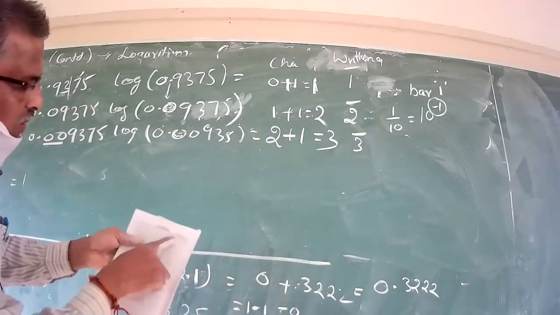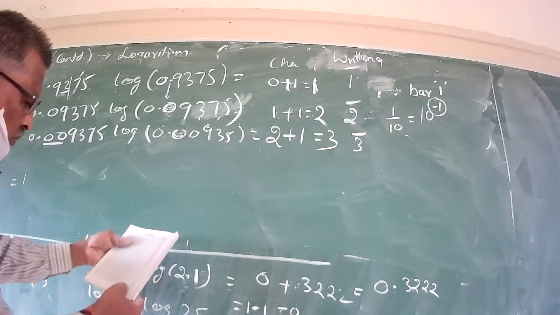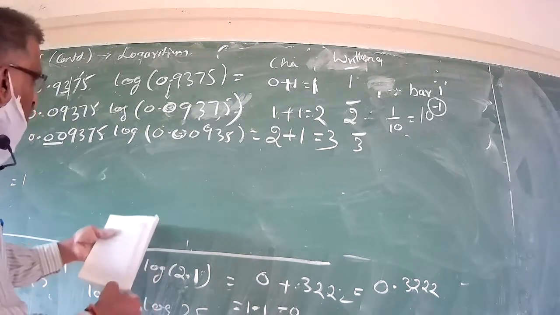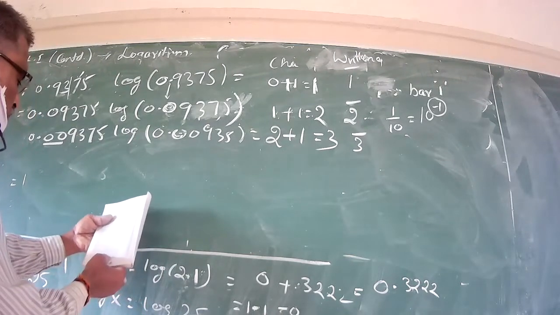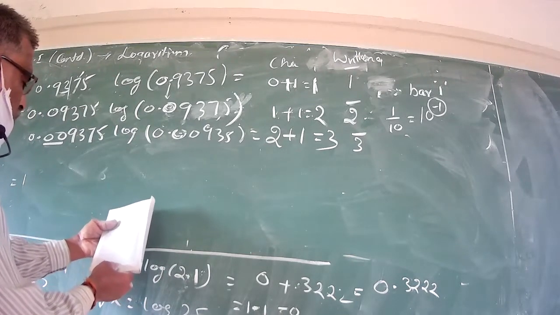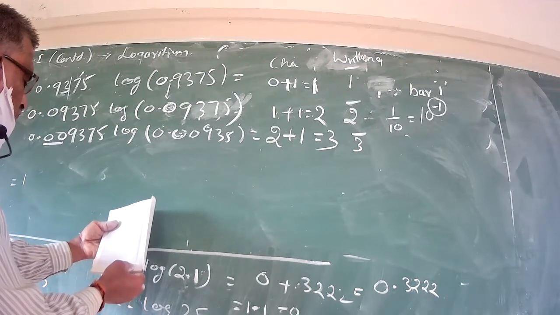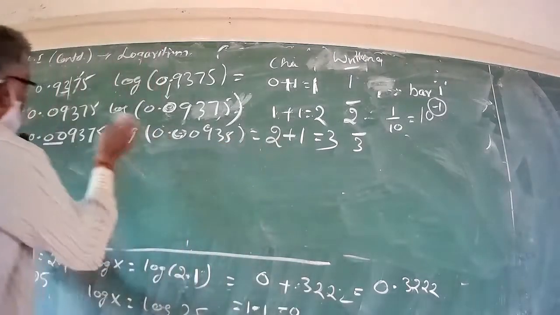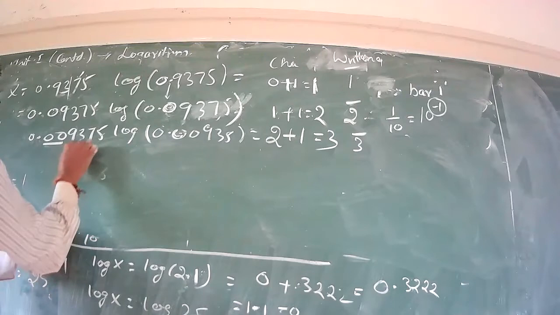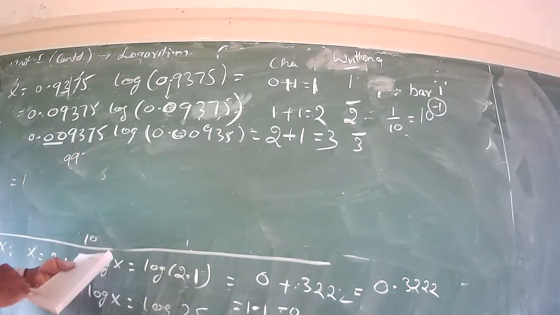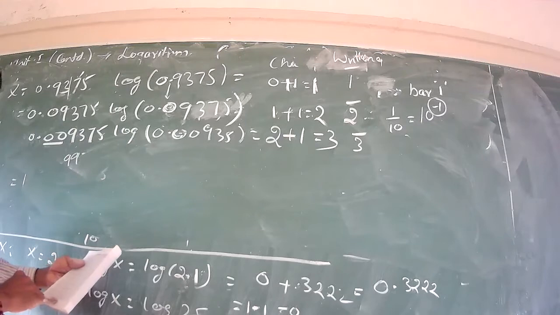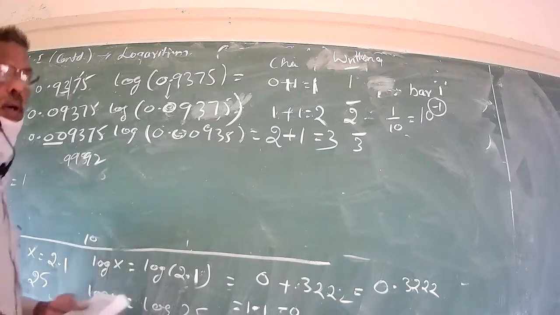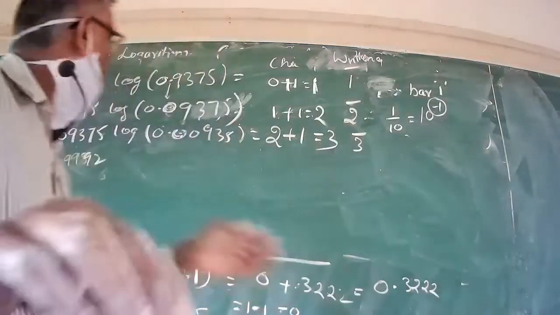Again, in the mean difference columns, for 5 the value is 2, so you have to add that. So 87 plus 2 is 89. So the log of this number's Mantissa is 0.9992.